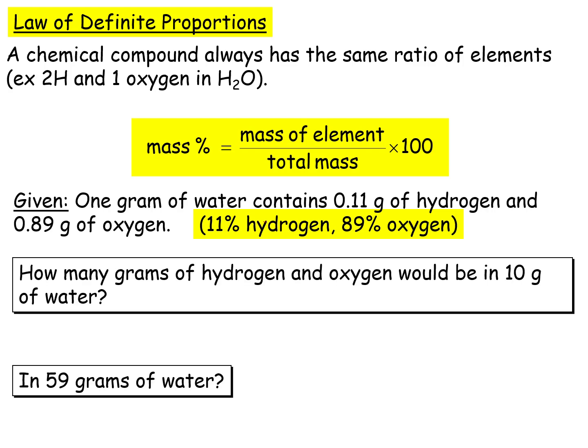Now, if we wanted to do a slightly more interesting problem, how many grams of hydrogen and oxygen would be in 10 grams of water? Now, if you think back to a previous lesson, we saw that mass is an extensive property.